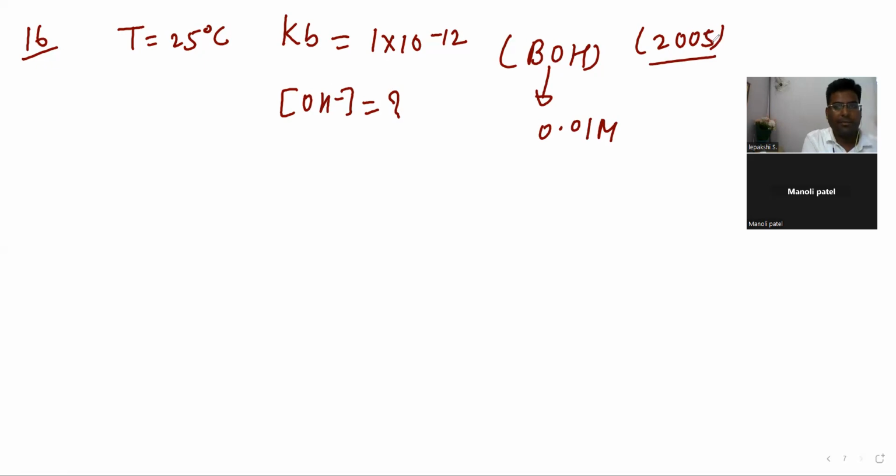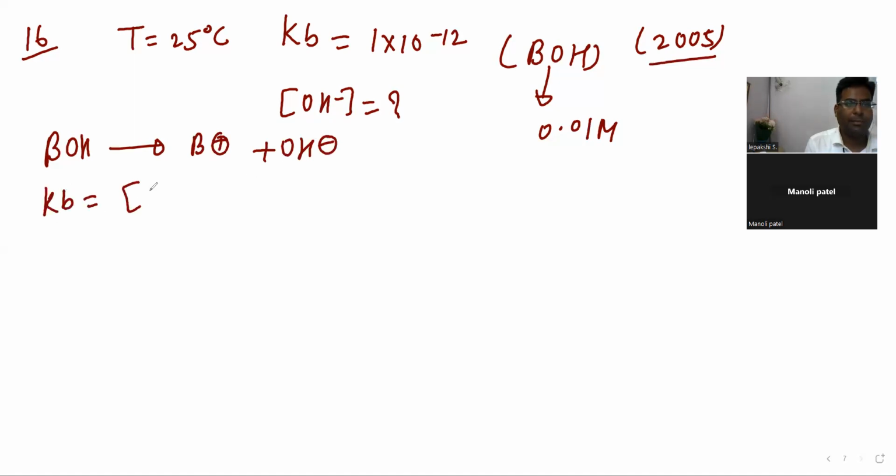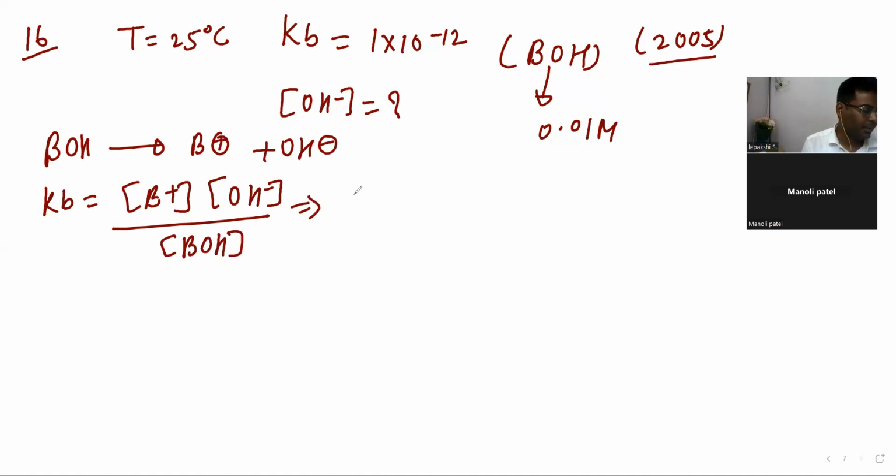So see the explanation. When BOH dissociates into B plus and OH minus, the equilibrium constant of the base will be the concentration of B plus times the concentration of OH minus, divided by the concentration of BOH. It dissociates into ions, so the concentration of B plus and OH minus will be the same.